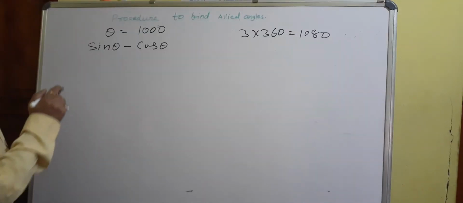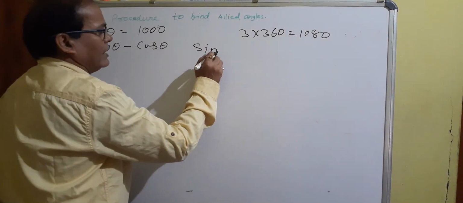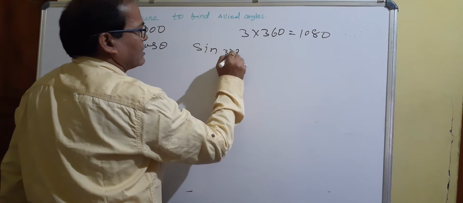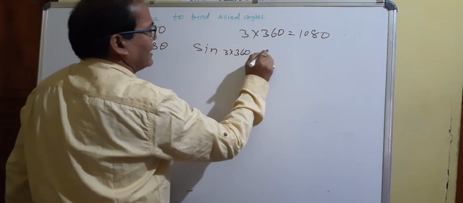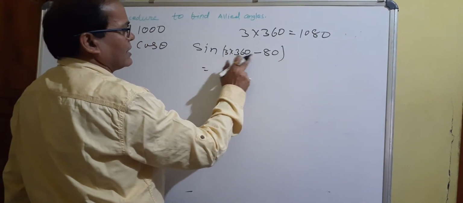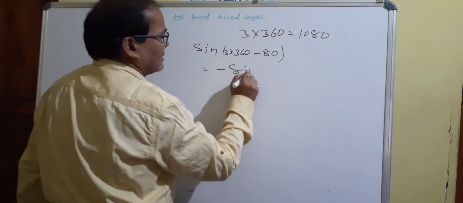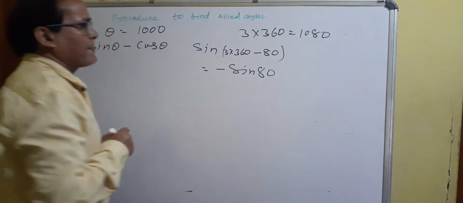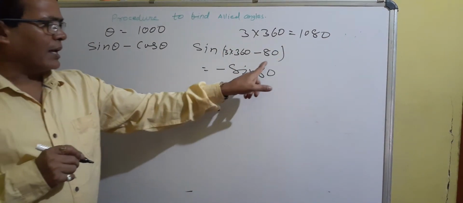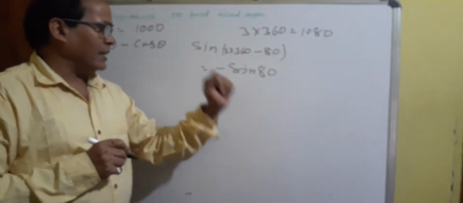So we can write sine of 3 times 360 minus 80, which is 1000. 360 minus 80 will lie in the fourth quadrant. In the fourth quadrant, sine is negative, so it is minus sine 80.